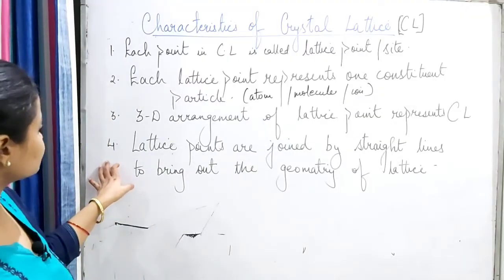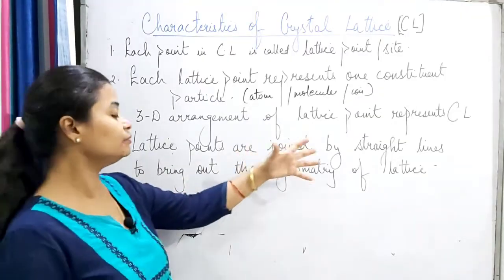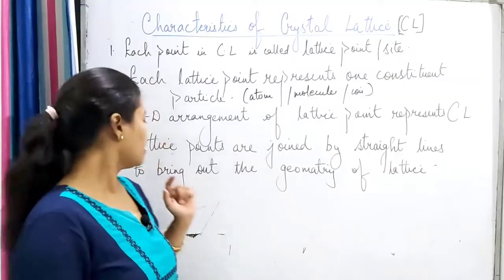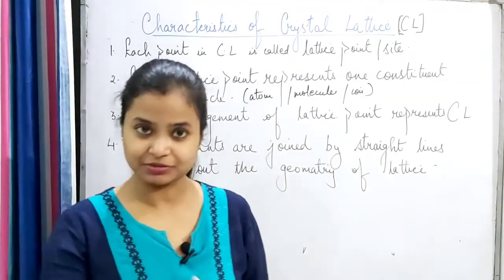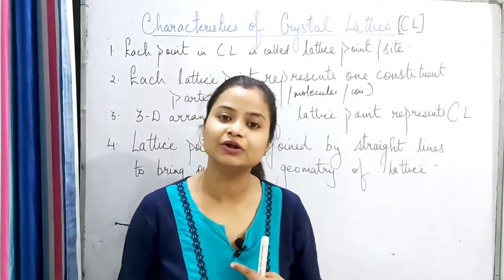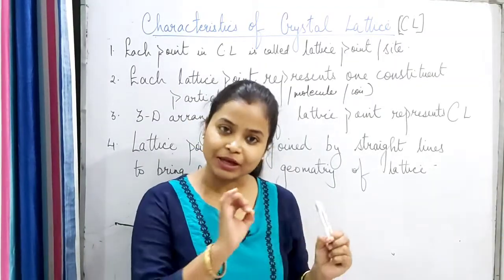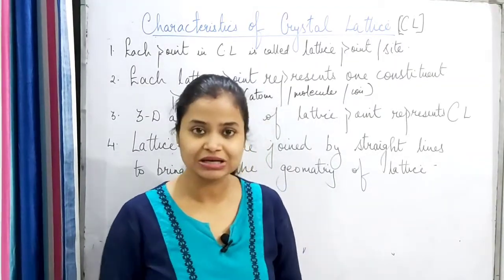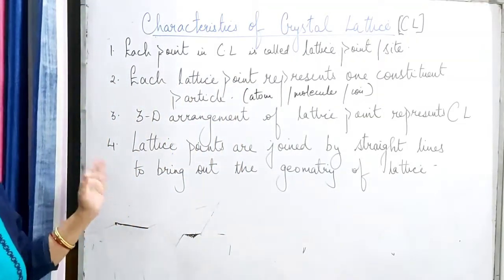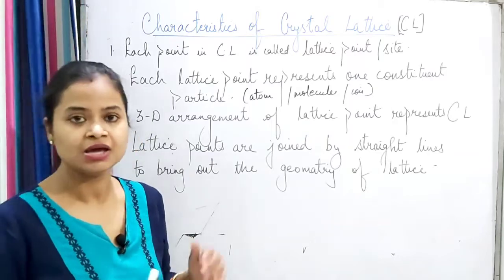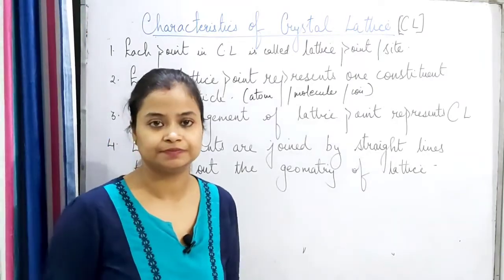And the fourth characteristic is lattice points are joined by straight lines to bring out the geometry of lattice, like for example that unit cell only. How do we get unit cell? Unit cell is obtained by joining the lattice points with straight lines. So we obtain the geometry of lattice when these lattice points are joined by straight lines.